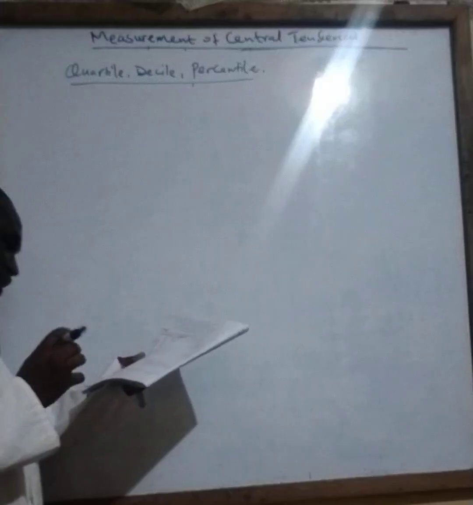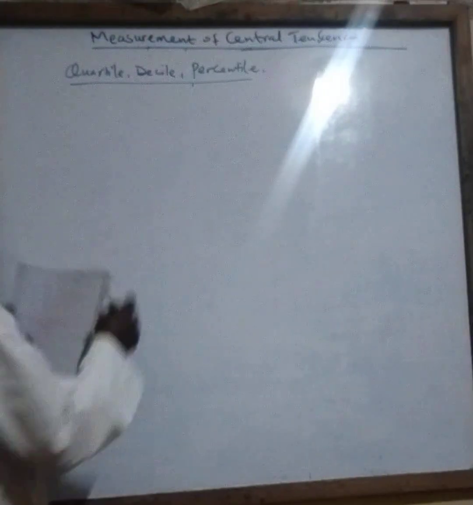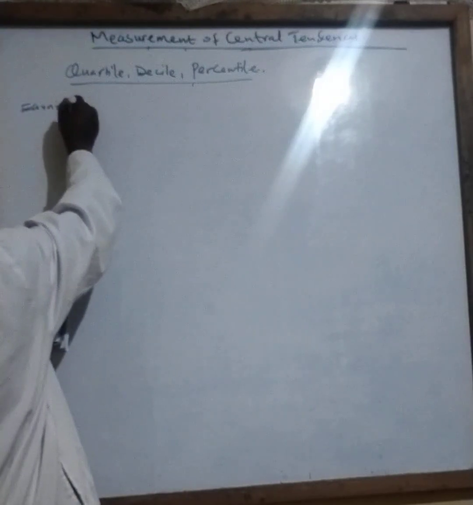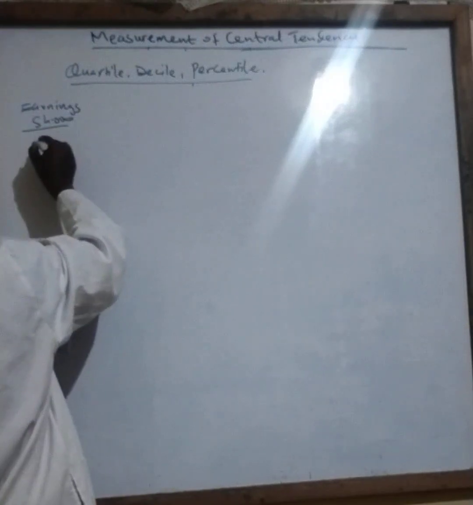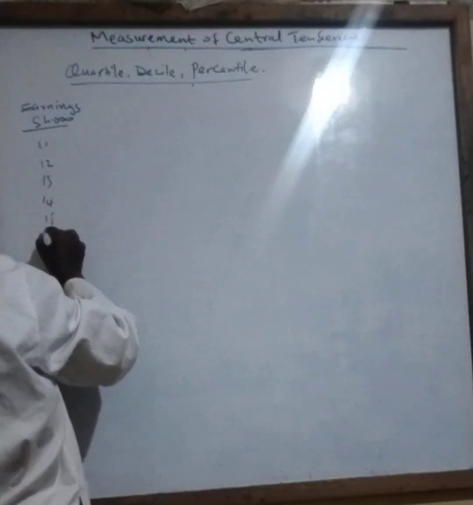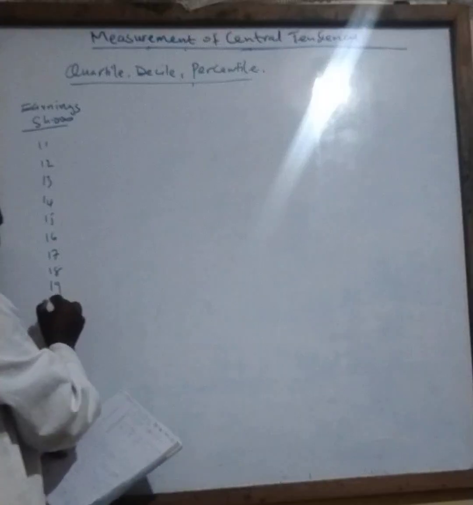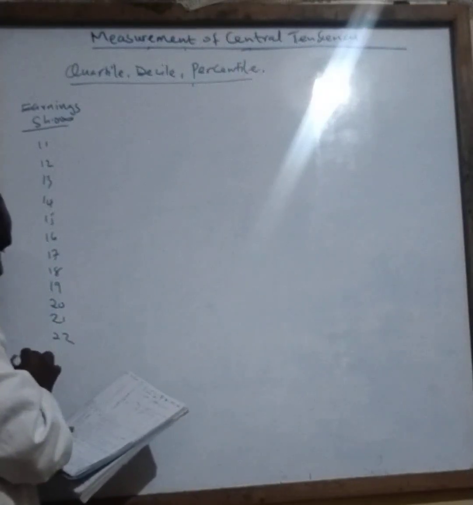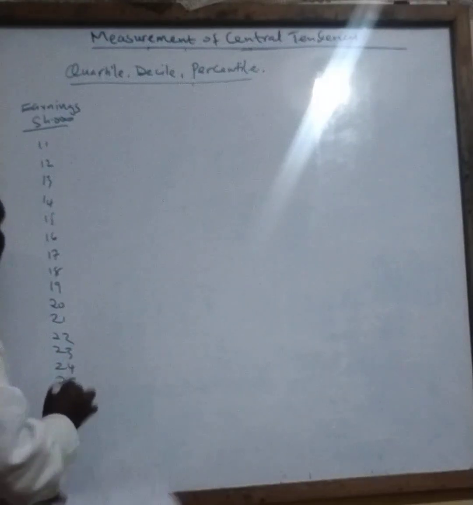So you have been told to calculate Q1, Q3 from this data here. We have the data given here as earnings in thousands. So we have 11, 12, 13, 14, 15, 16, 17, 18, 19, 20, 21, 22, 23, 24, and 25,000.